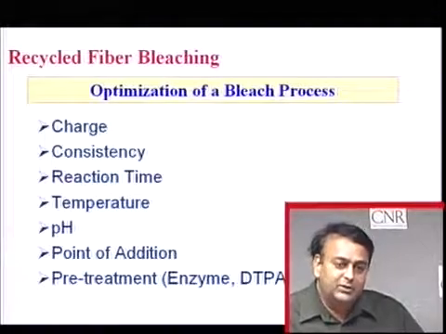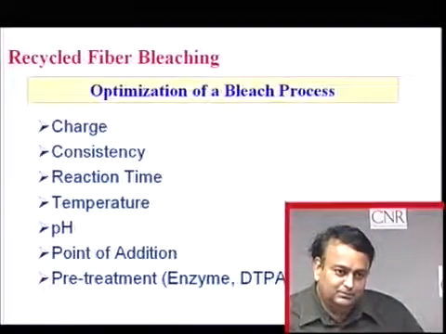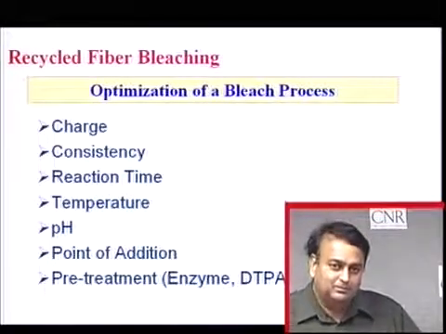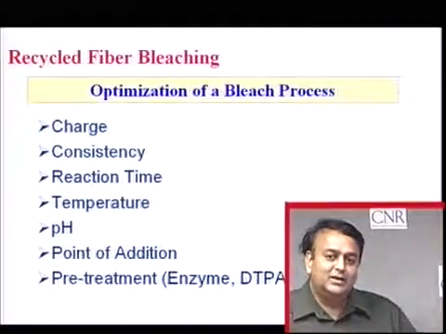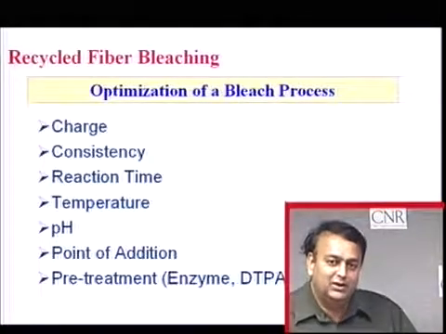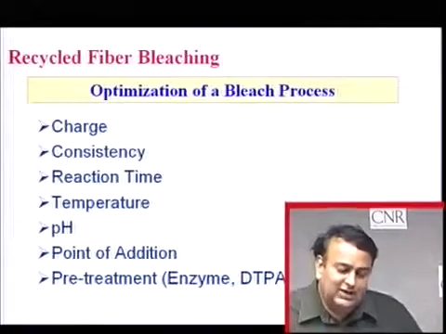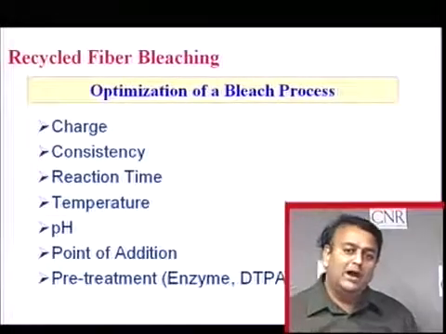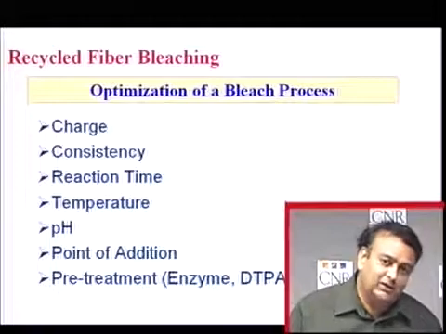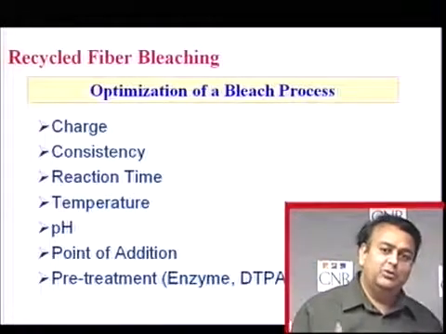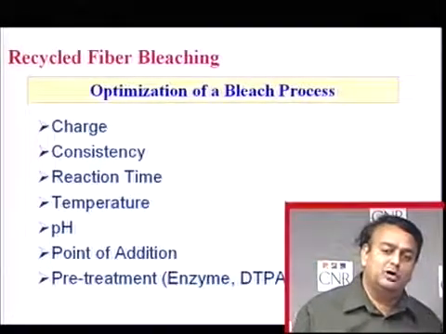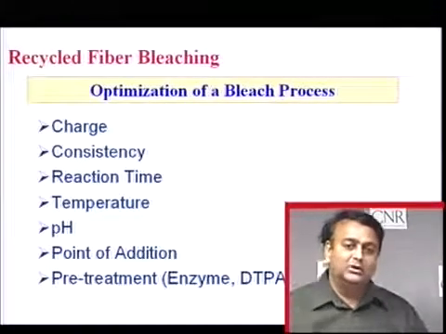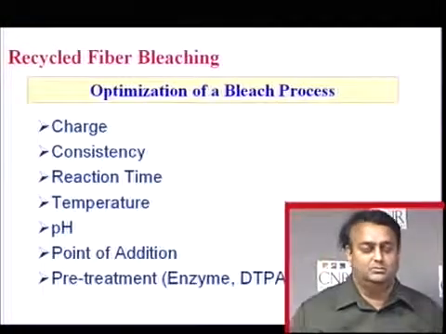The first thing I would typically do is take your pulp and do a pH optimization. Use acid. Let's say your pulp is at pH 7 in a de-inking plant. Add a little bit of acid to go down to pH 6, a little more acid to go down to pH 5. Add caustic to the pulp to go up to pH 8 and more caustic to go to 9. So now you have pulp from pH 5 to 9.